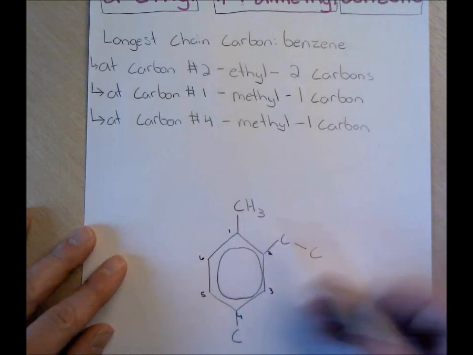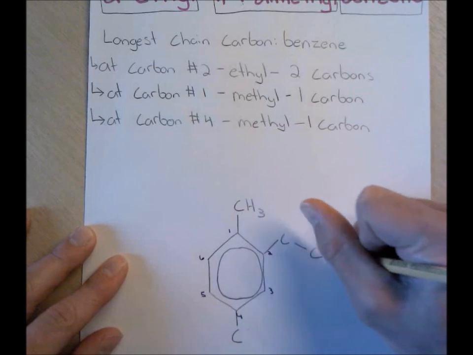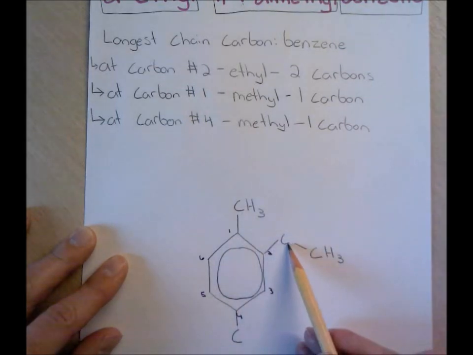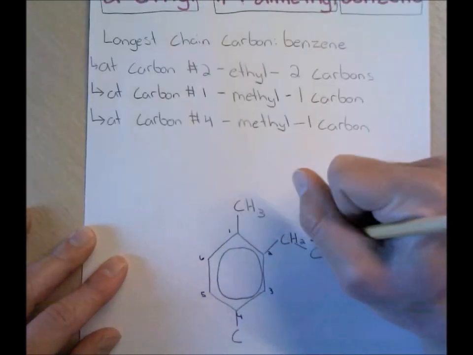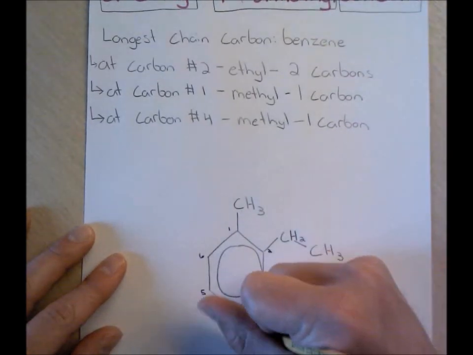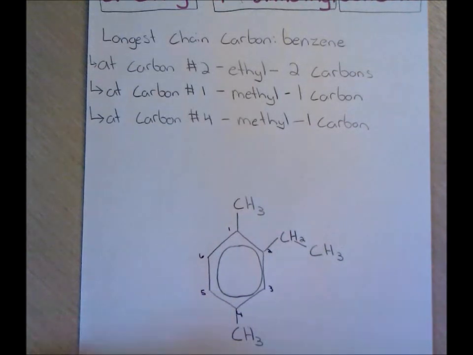This carbon here on the end needs 3 as well. This carbon already has 1, 2 here in the middle, so that means it needs 2 more hydrogens. And then this carbon down here needs a total of 3 hydrogens.